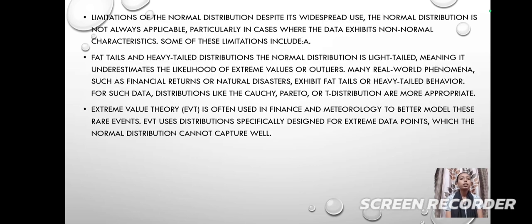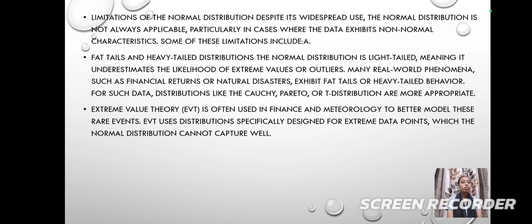Limitations of the normal distribution despite its widespread use. The normal distribution is not always applicable, particularly in cases where the data exhibits non-normal characteristics. Some of these limitations include fat tail and heavy tail distributions. The normal distribution is light-tailed, meaning it underestimates the likelihood of extreme values or outliers.